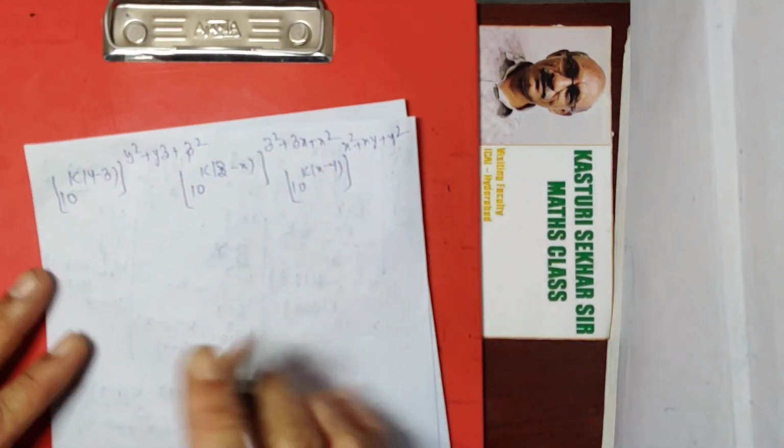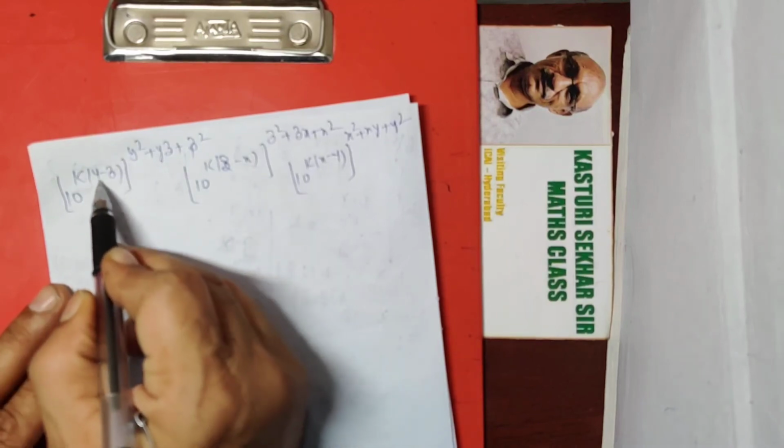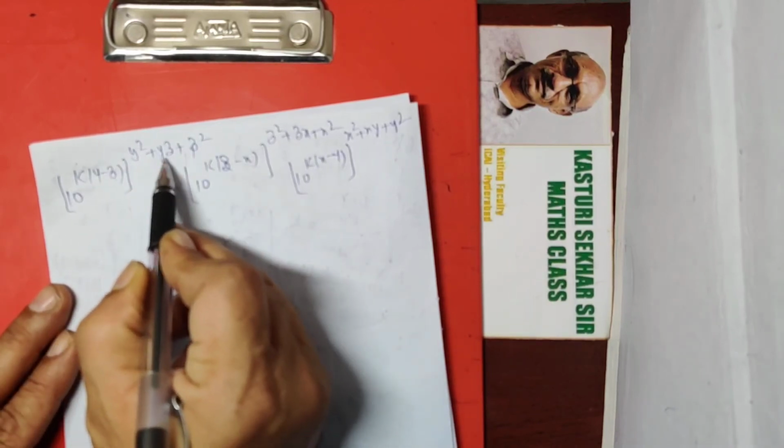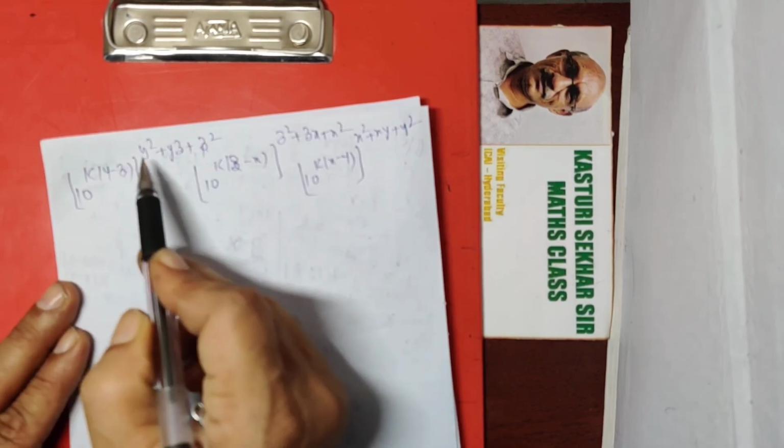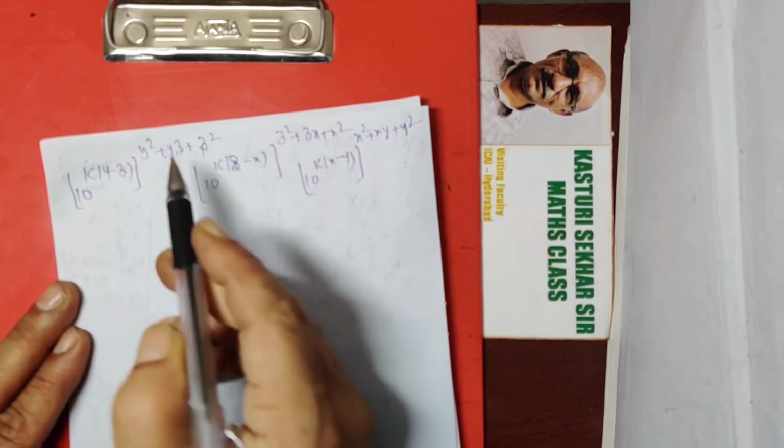This way. Now multiply the powers. A minus b into a square plus ab plus b square. Again I am repeating, a minus b into a square plus ab plus b square.